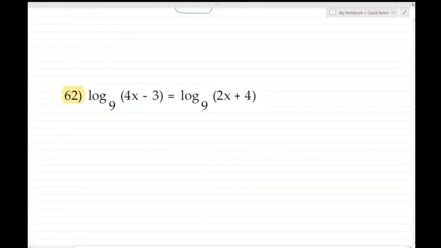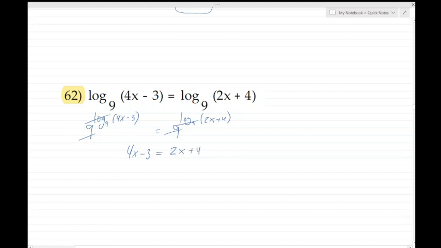Okay? Here, since we have both same bases on the left and the right side, we can do the same thing as we just did. So 9 raised to the power log base 9, so like this. But if we notice that they're both the same, we can just drop them, and we'll get 4x minus 3 equals 2x plus 4.